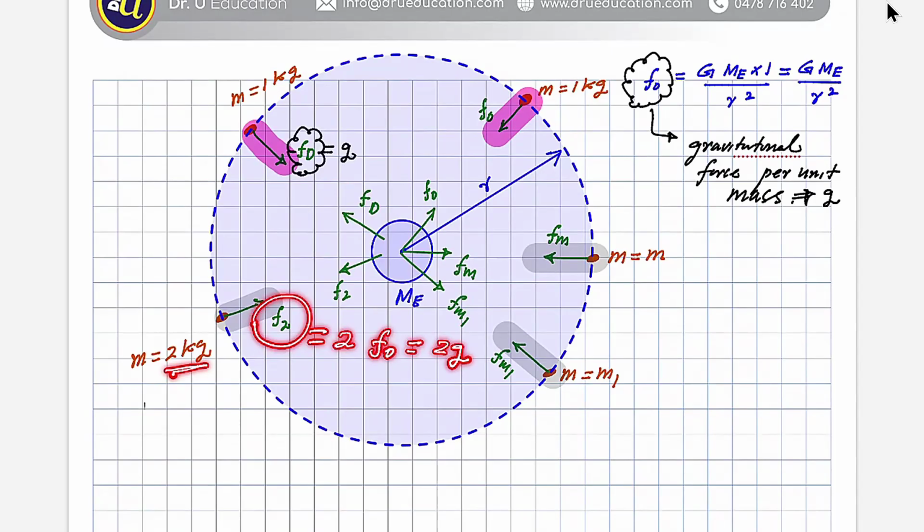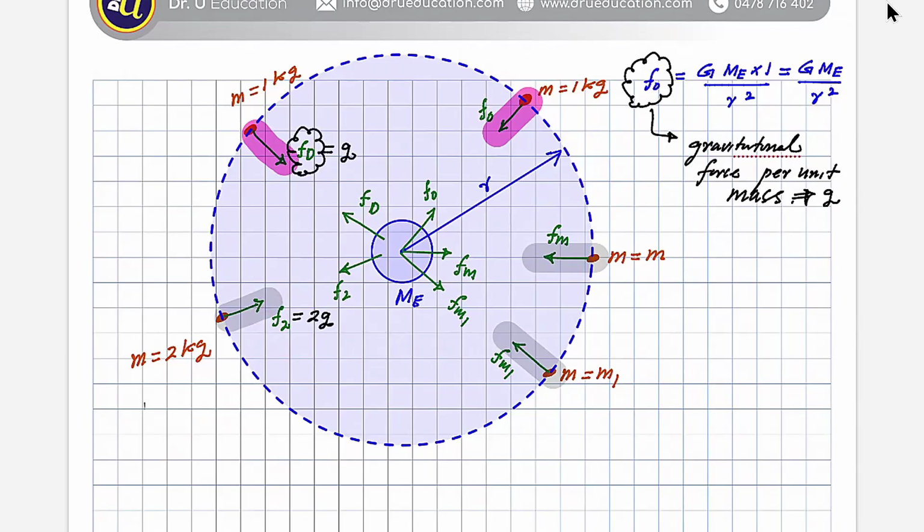You understand? Yeah. So going through that, we will write this one to be 2 times g. Now we are writing that in terms of the F0 essentially, which is g. Okay.